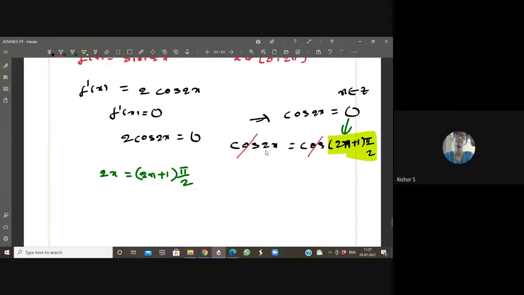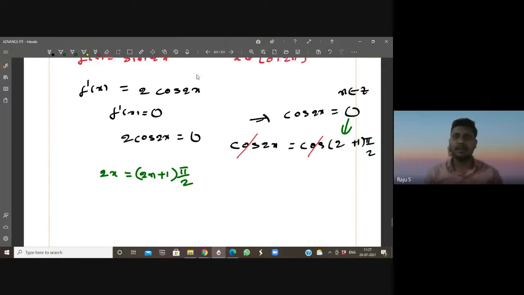Sir, could you explain how you got cos 2n plus 1? It's not pi, it is small n: 2n plus 1 pi by 2.